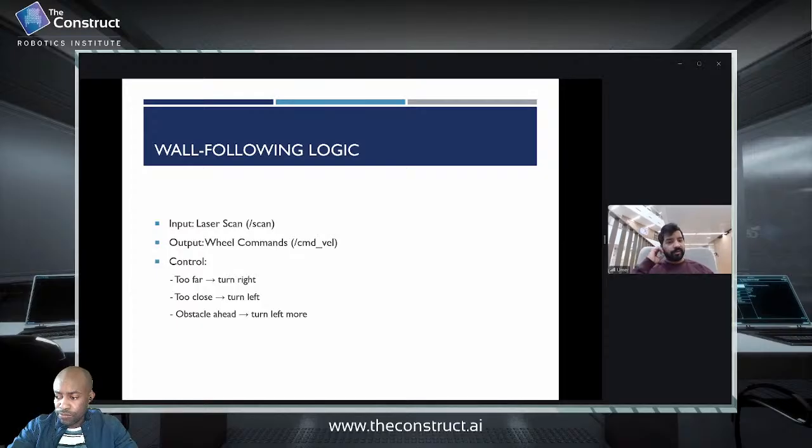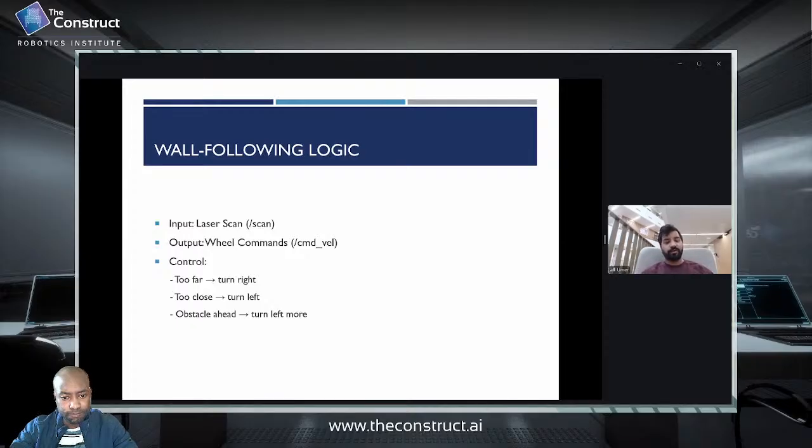About the inputs and outputs, the input of the complete architecture is the laser scan, which basically scans the surroundings of the robot and publishes that input, and then after processing everything and deciding where the robot should move, the robot publishes wheel commands to the cmd_vel output.